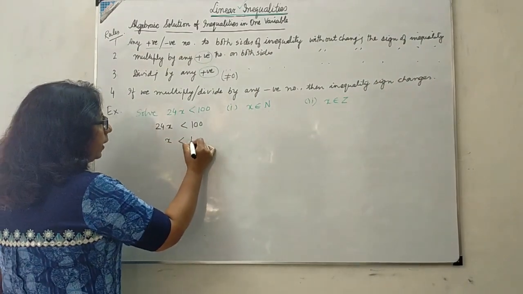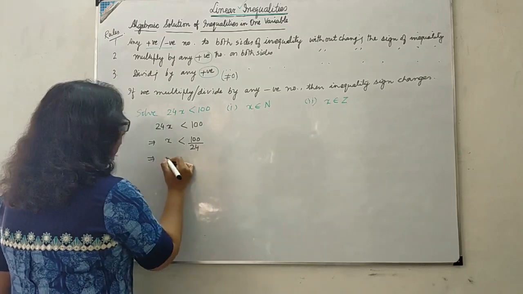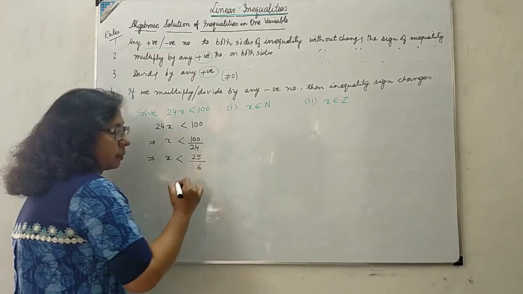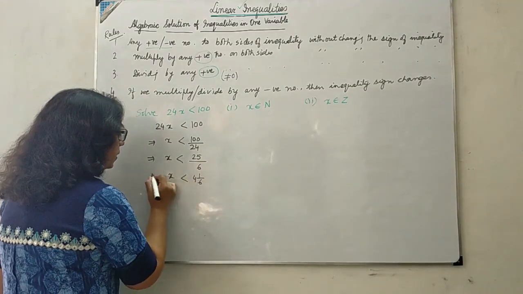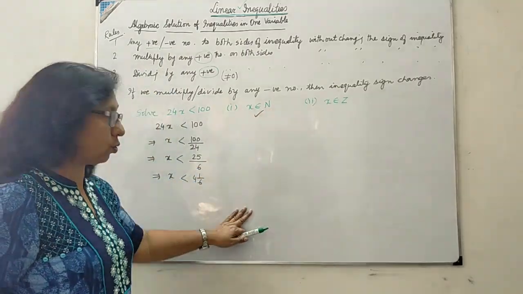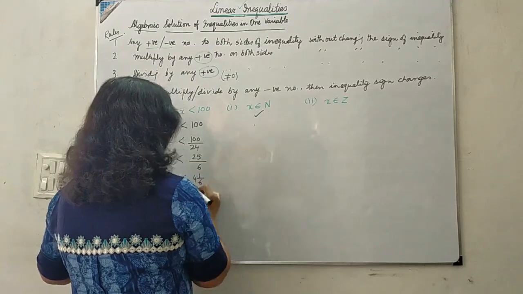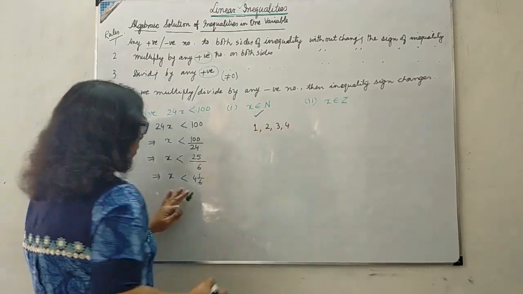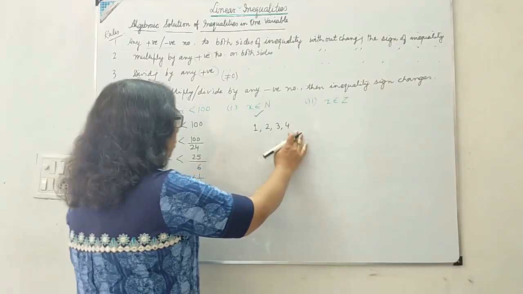So what will I get? Simply you can write 100 by 24, and if I simplify, this is 25 by 6, which is x less than 4 and 1 by 6. Now in the first part, when x belongs to the natural numbers, x can be 1, 2, 3, 4, because less than this we can have only these solutions.